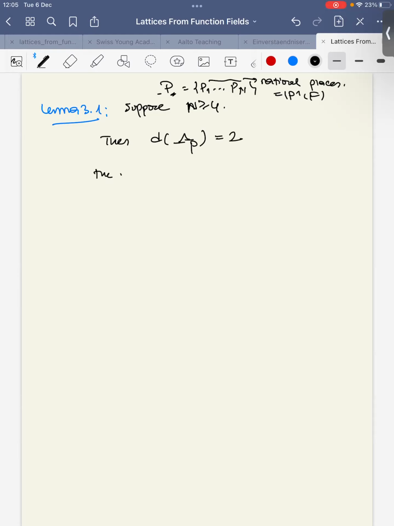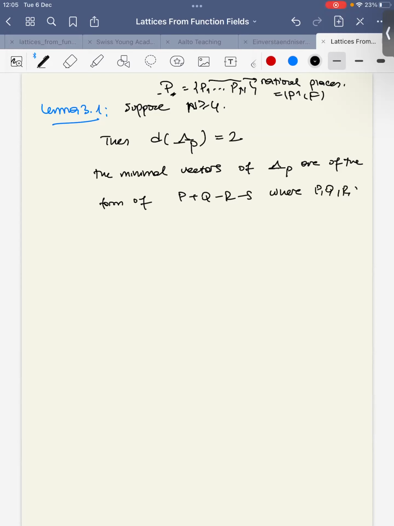and the minimal vectors are of the form p plus q minus r minus s, where p, q, r, s are rational places in P and they are distinct, and they satisfy this equality with respect to elliptic curve addition, or the addition on the set of rational places.